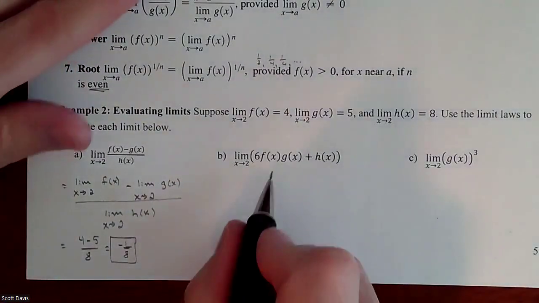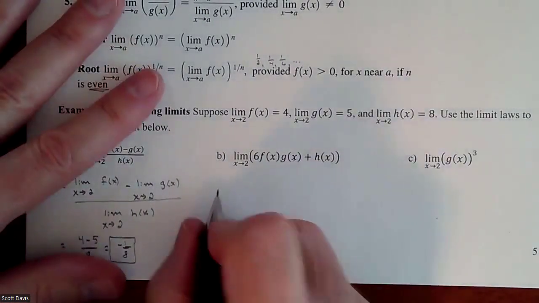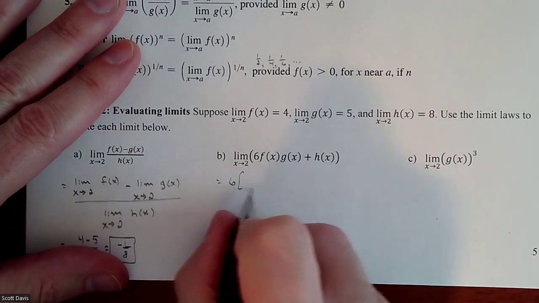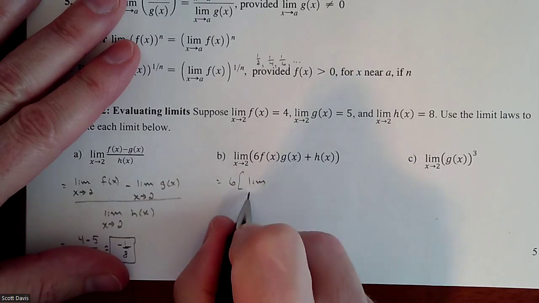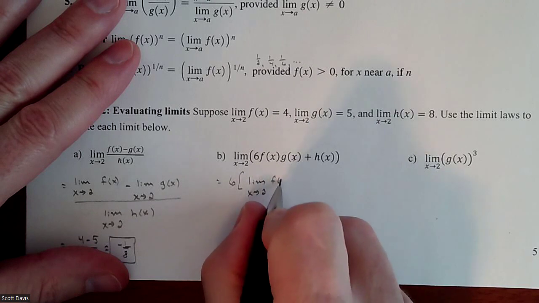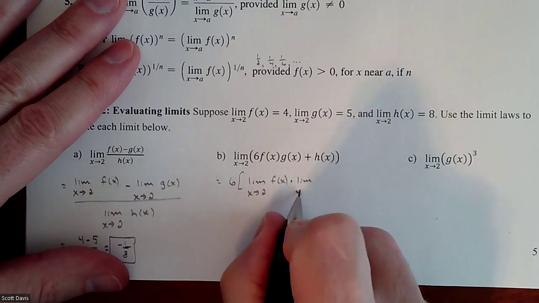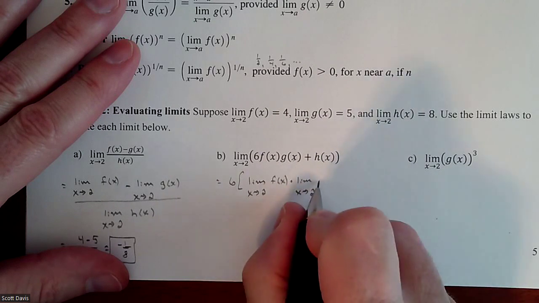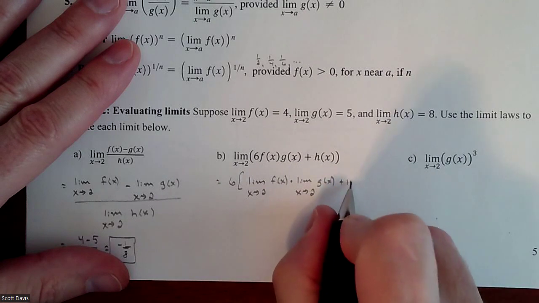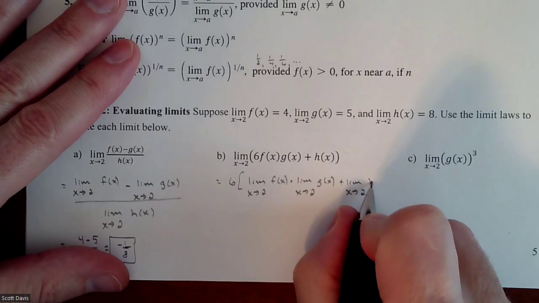Then same kind of thing here. Let's see if we can make this a little bit easier for ourselves. We could rewrite this as 6 times the limit as x approaches 2 of f of x times the limit as x approaches 2 of g of x, plus the limit as x approaches 2 of h of x.